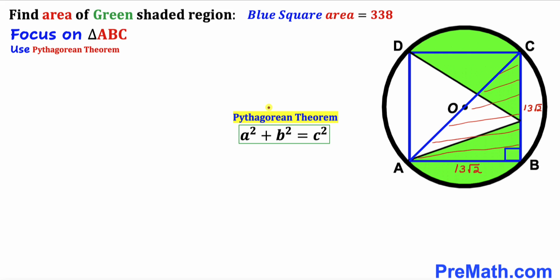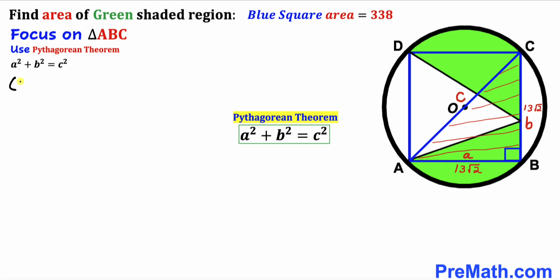And here's our Pythagorean theorem: a square plus b square equal to c square. Let me label this longest side, the hypotenuse, as lowercase c. I'm going to label this side lowercase a and this lowercase b. Let's go ahead and fill in the blanks in this Pythagorean formula.